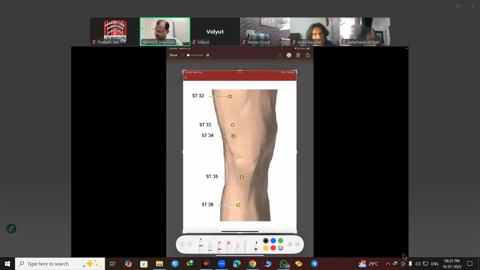So this is the knee joint, this is the knee bone. If we go 2 chun this side, that is the spleen 10. If we go 3 chun this side, that is the stomach 33. This point will work on the lower abdomen, and this point will work on the upper abdomen.